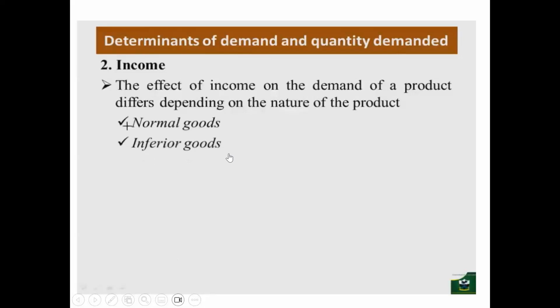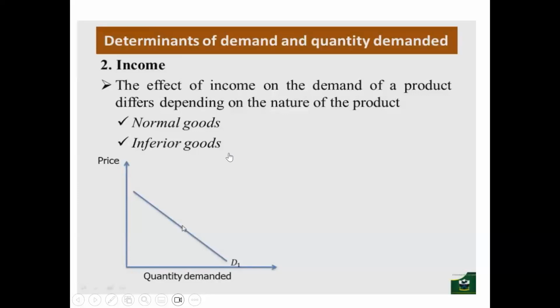Let's start by looking at the normal goods and see the effect. Suppose that you consider meat to be a normal good and that there is an increase in your income as a result of that, with the price on the vertical axis and the quantity demanded on the horizontal axis, we note that with our individual demand, your increase in income for a normal good will cause the demand for meat to increase.